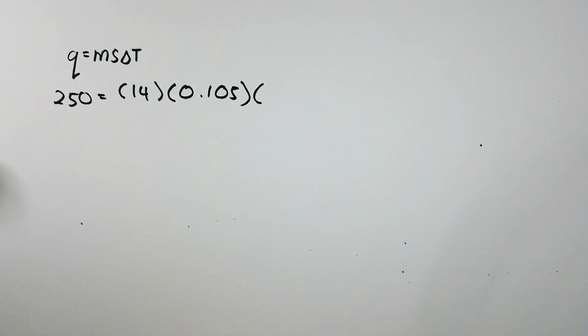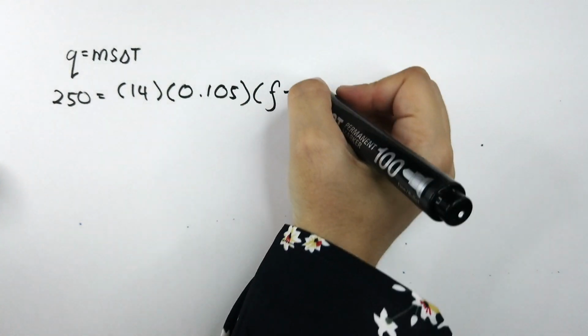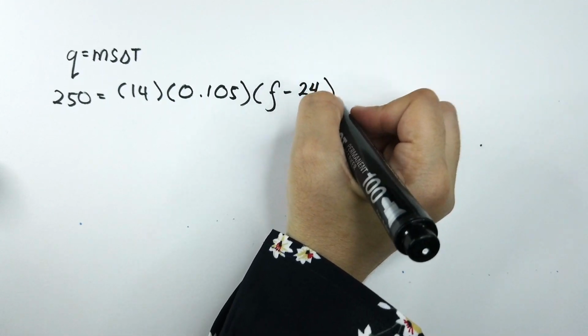The final temperature is unknown, that is the thing that you want to calculate, and the initial temperature is 24 degrees Celsius.